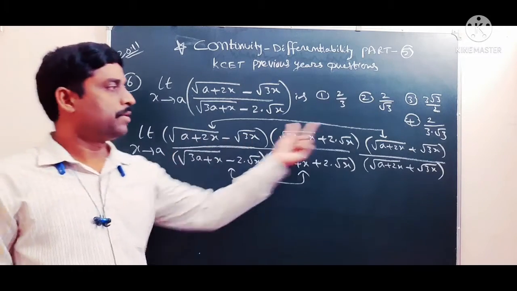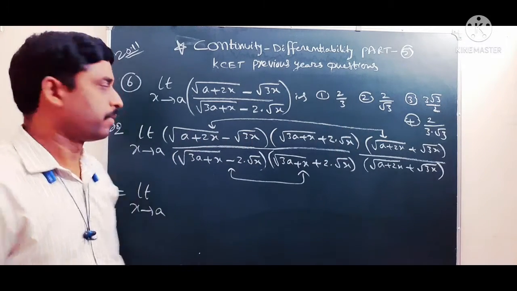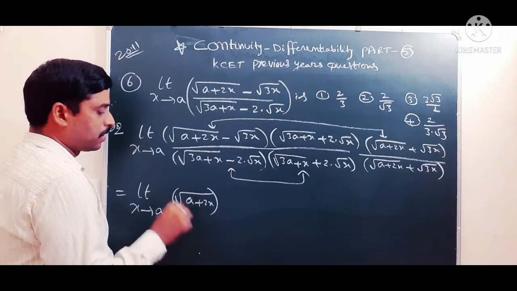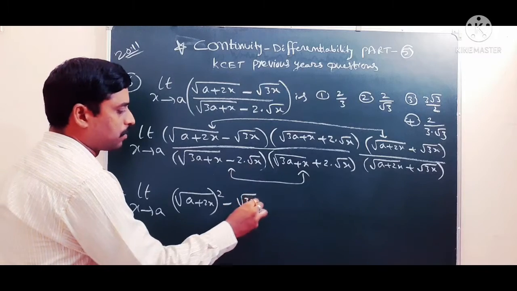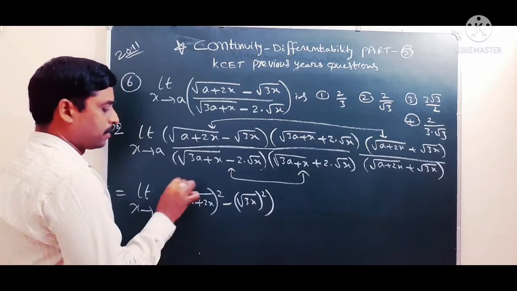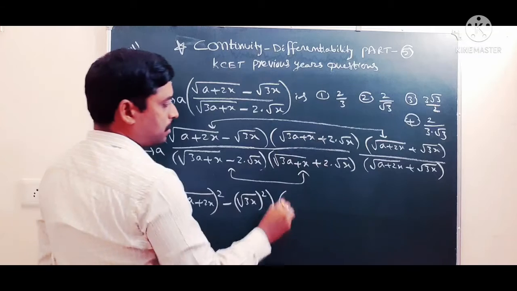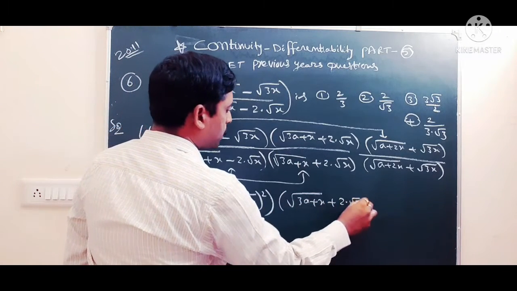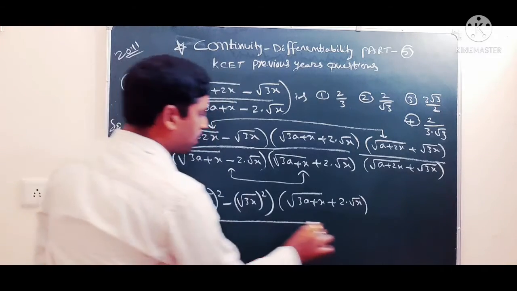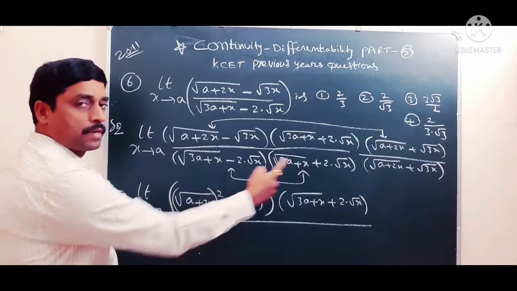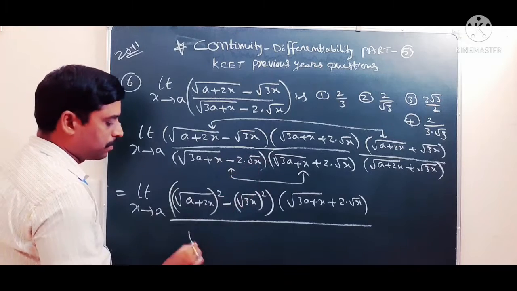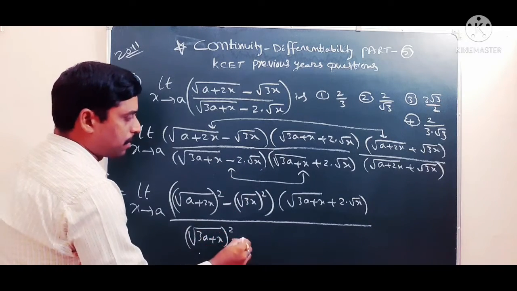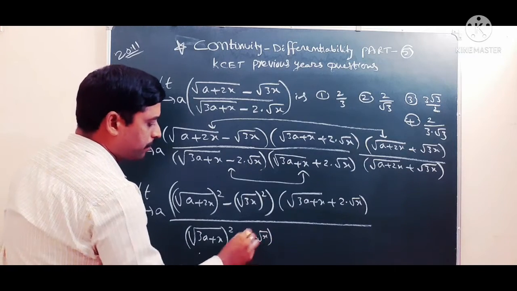A square minus b square: root a plus 2x whole square minus root 3x whole square. Next, write this as it is: root 3a plus x plus 2 into root x. The denominator also, using a minus b into a plus b, a square minus b square: root 3a plus x whole square minus 2 root x whole square.